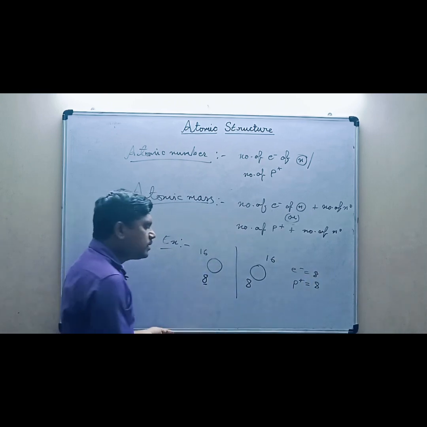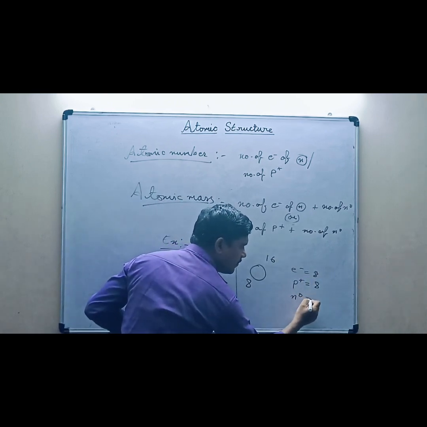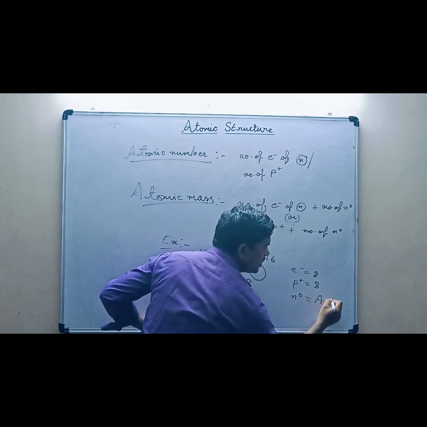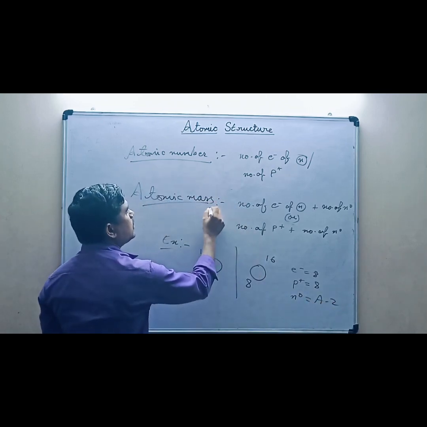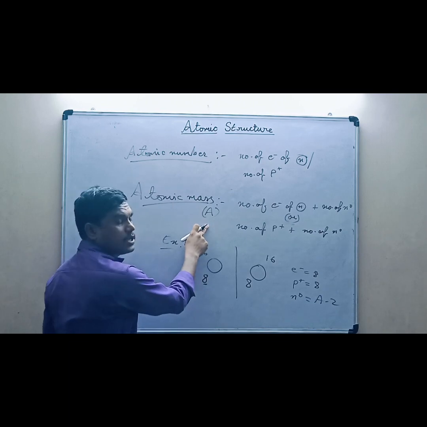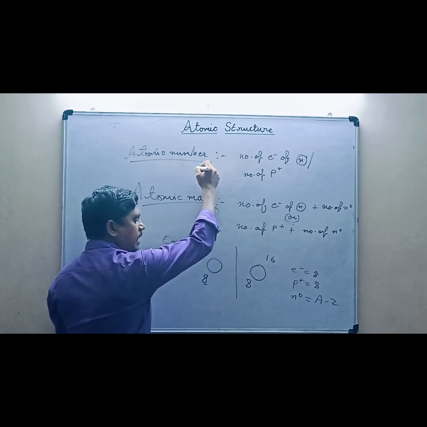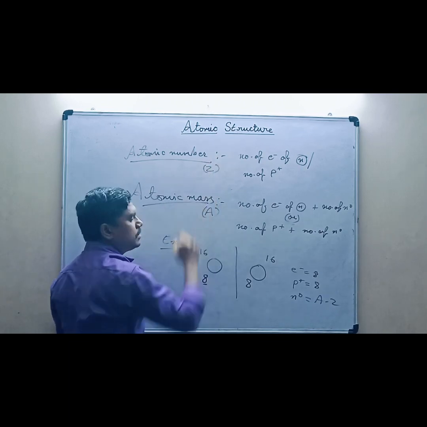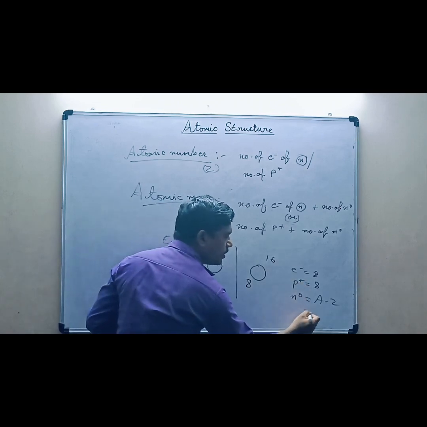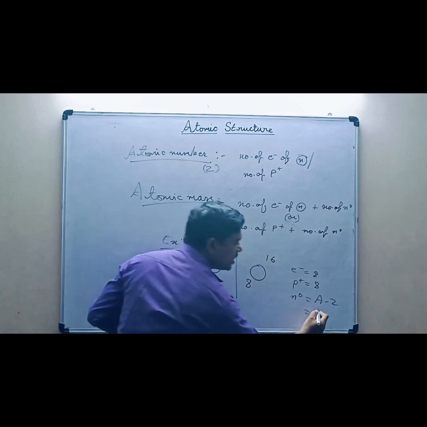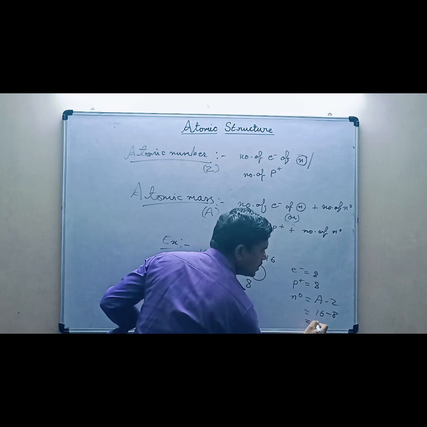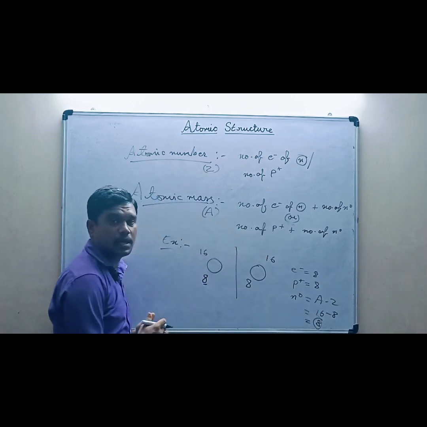And how do we find the number of neutrons? Here we use a different formula, A minus Z. A denotes atomic mass and atomic number is denoted with the symbol Z. So what is the value here? 16 minus 8, that is 8. So the number of neutrons is 8.